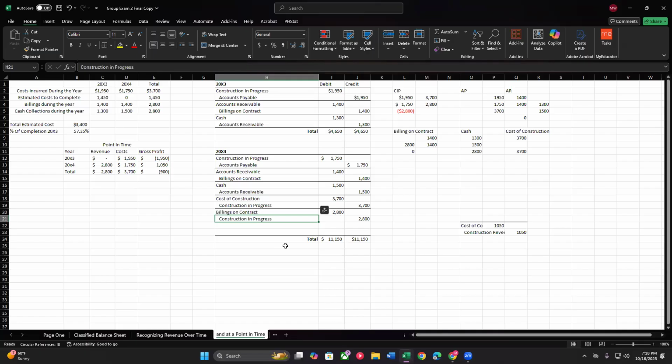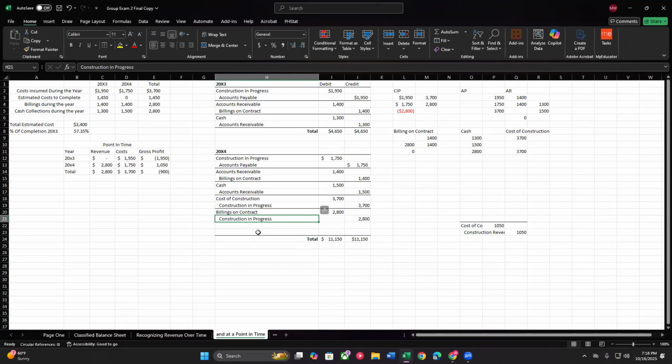Because I've put revenue at the bottom of my homeworks. I'm wondering if we need to add a construction expense to 23. I don't think so.